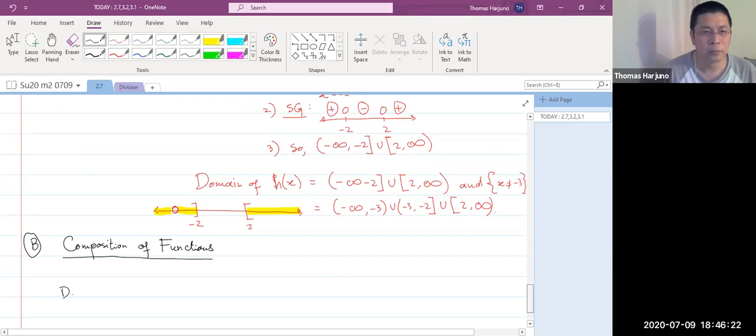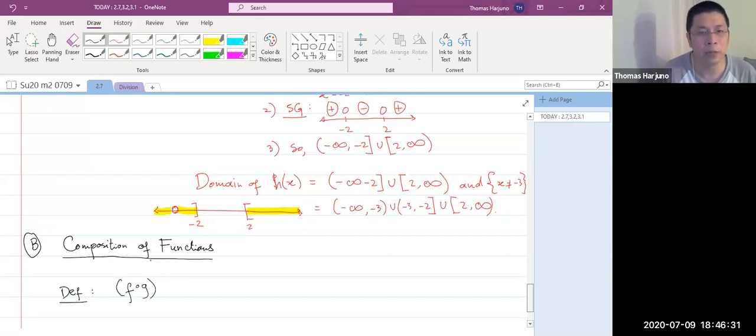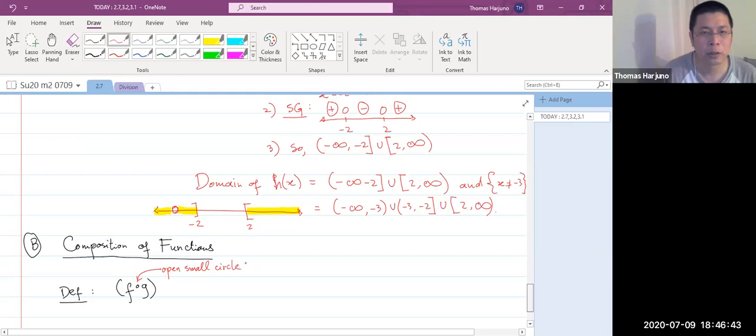Definition. The notation f compose g is an open, small circle in the midline.